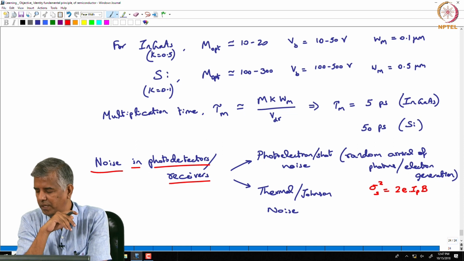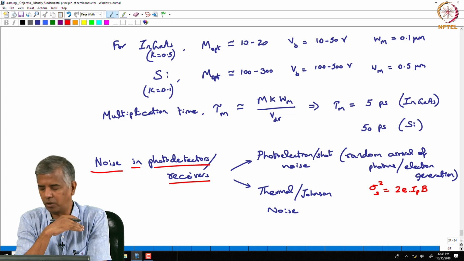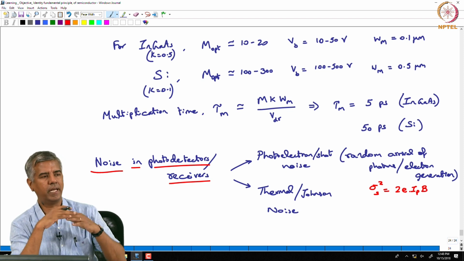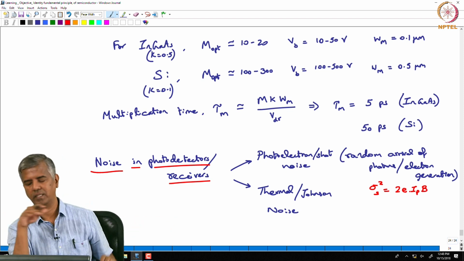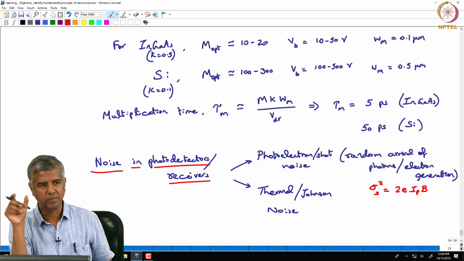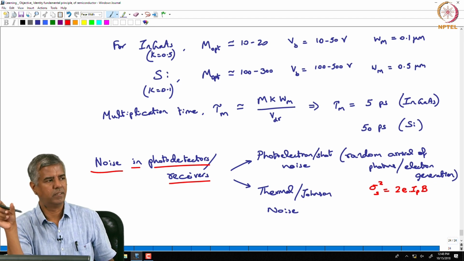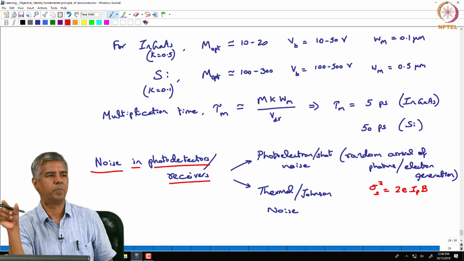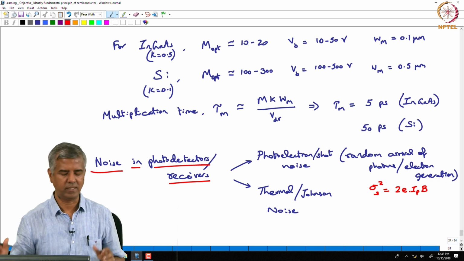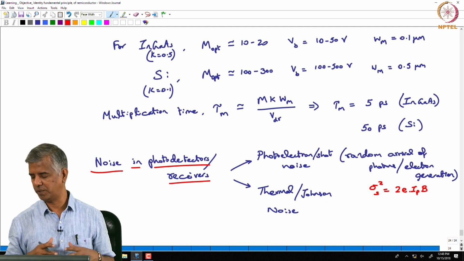E times I p is the noise variance across the spectrum, but it's like white noise. It's flat, distributed across the spectrum, but what our receiver captures is only the components under the receiver bandwidth. The receiver bandwidth is what we denote as B here, and since it's a two-sided spectrum, that's where the factor of 2 comes into the picture.